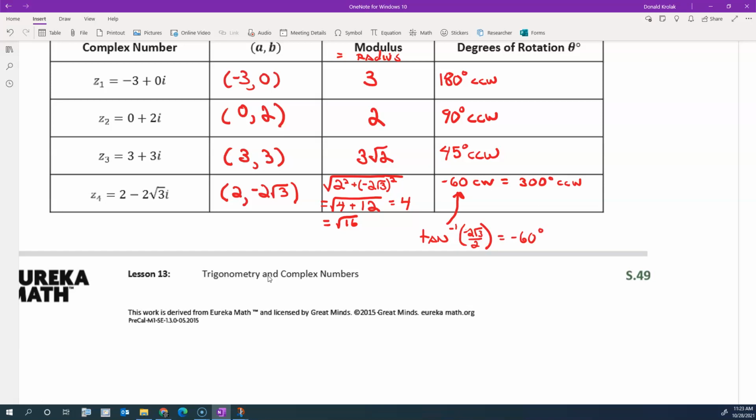That's how we got the -60. Alrighty. Okay, can I move this? You guys got a copy?